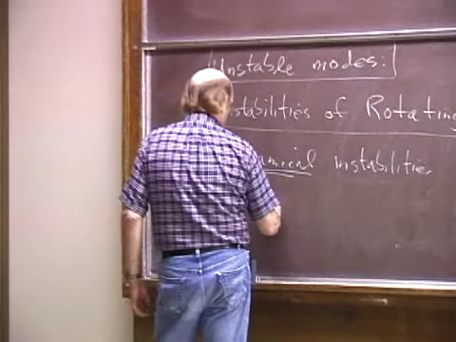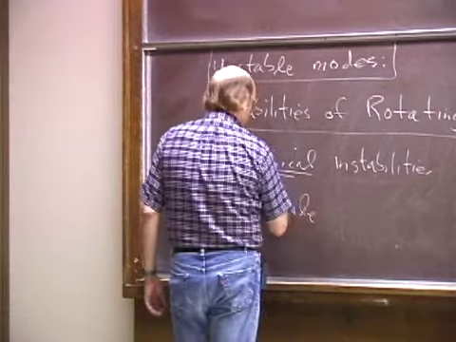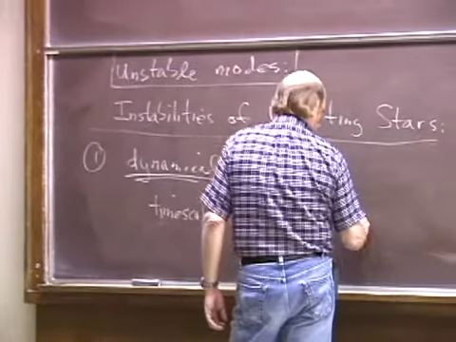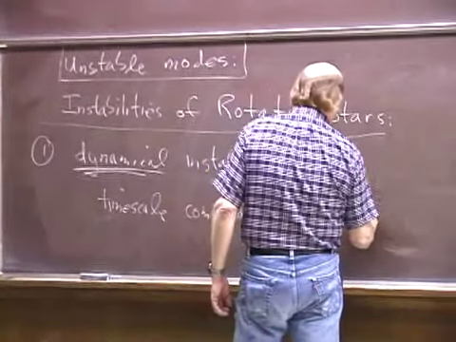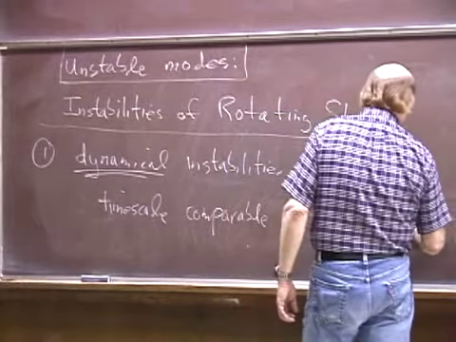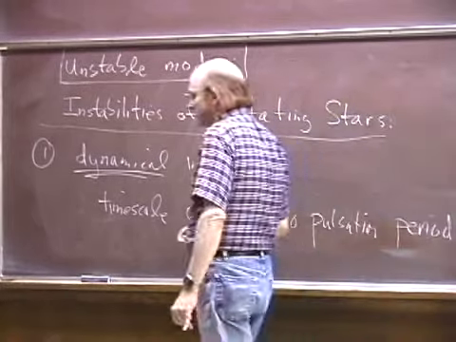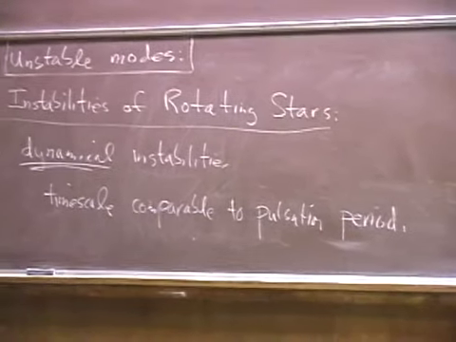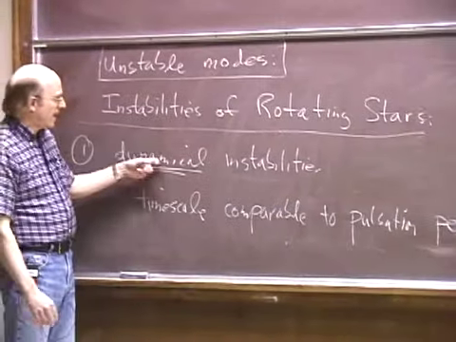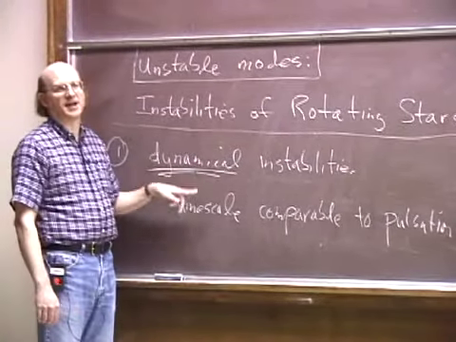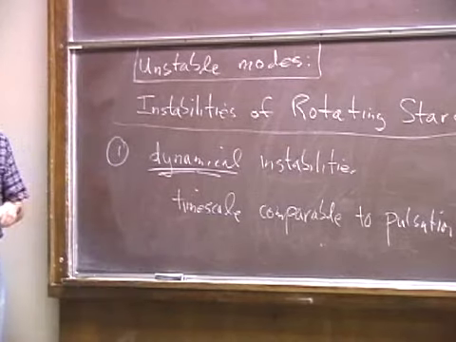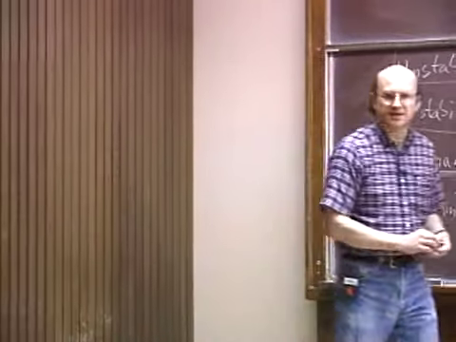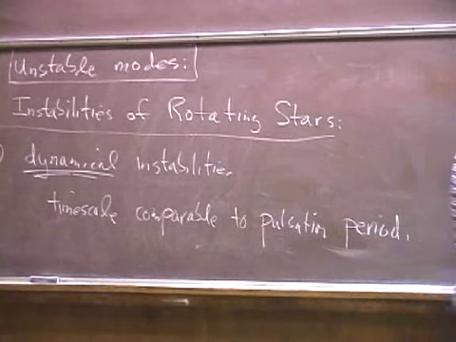So for a neutron star, a typical pulsation period is a millisecond or a fraction of a millisecond. And so the time scale for the growth of the instability is comparable to that. And so therefore, the amplitude gets large very, very fast. These are very strong instabilities that tend to make things happen quickly.